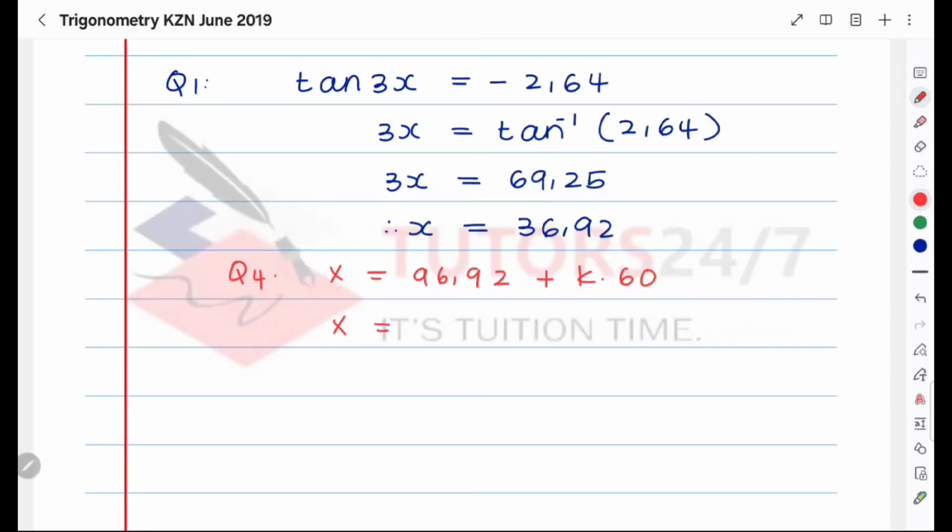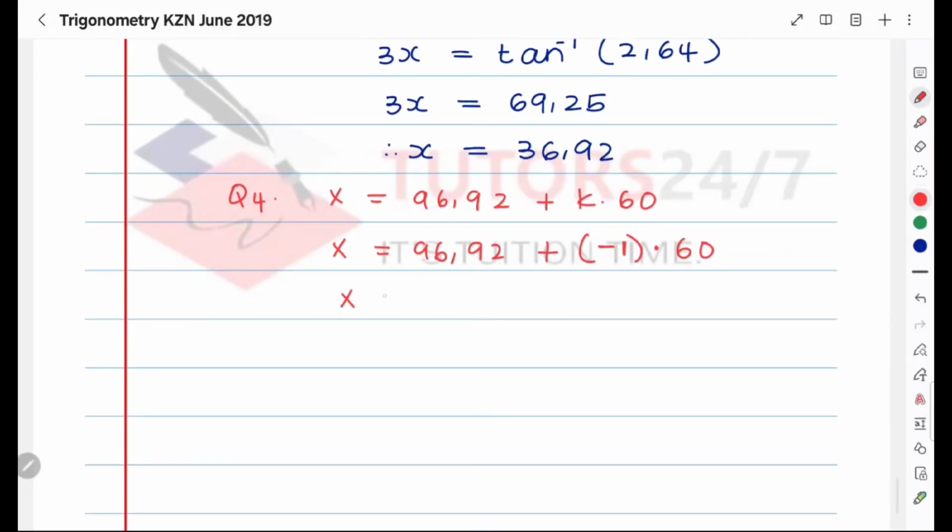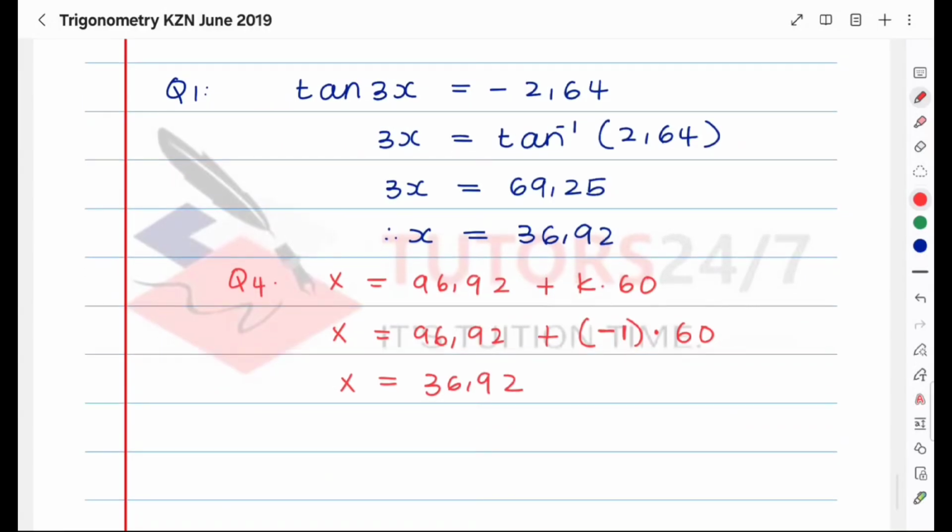So we would have said x is equal to 96.92, and in place of k, we would have used negative 1, times 60. The negative 1 is to state that we are going in reverse. And then you put this into your calculator and you would have got 36.92. So there is an alternative way that you could have done this.